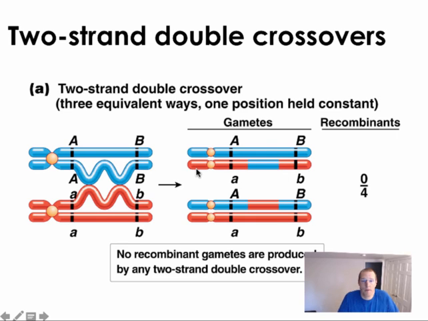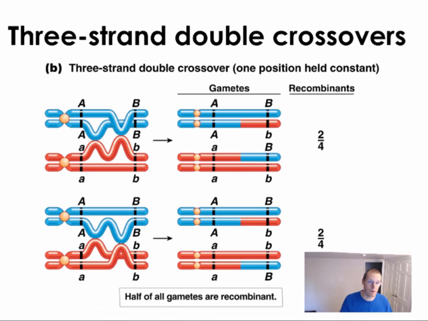They're the same, right? You don't get any recombinants. So you've got 4 outcomes here. If you do meiosis 2 with this arrangement, you end up with 4 gamete types, but none of them are recombinant. No recombinants out of the 4 from that kind of double crossover.